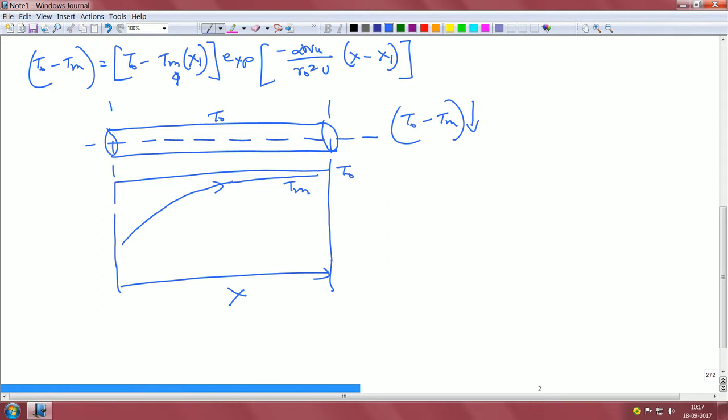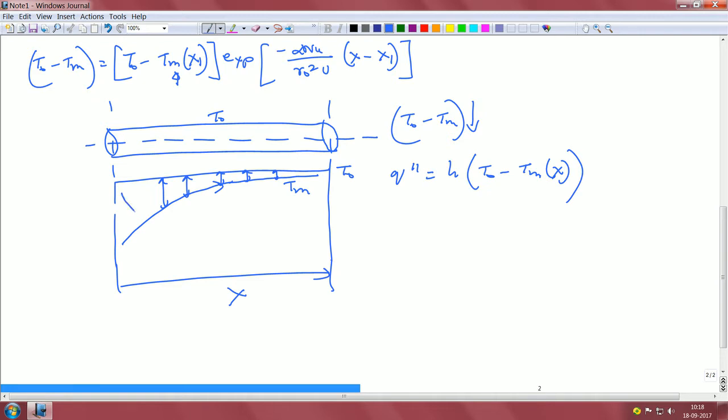Now, if you look at the expression for Q double prime, that is the heat flux, it was H into T naught minus Tm at any x. So, naturally what it means is that Q is given by this particular difference between the two temperatures. So, what should be the nature of Q? Q should also come down in an exponential fashion.